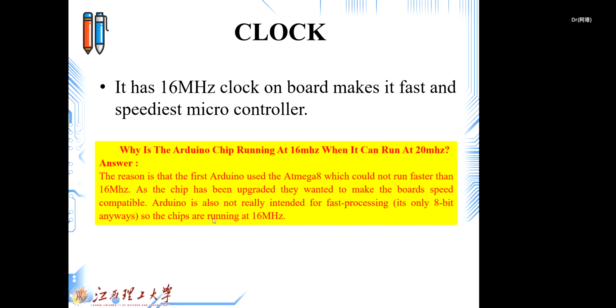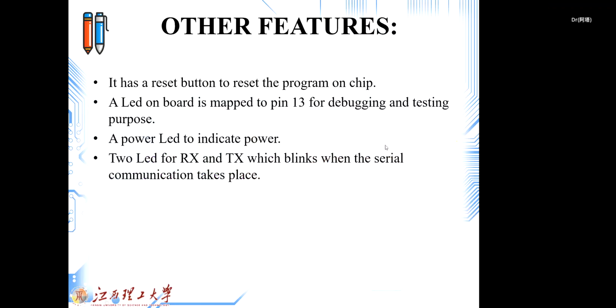Then Arduino is not really intended for fast processing. It's only an 8-bit processor, and that is why they rely just on 60 megahertz. Otherwise, 328 can run on 20 megahertz, but now they still keep it a little bit slower because 60 megahertz is also quite fine for doing projects with the Arduino board.